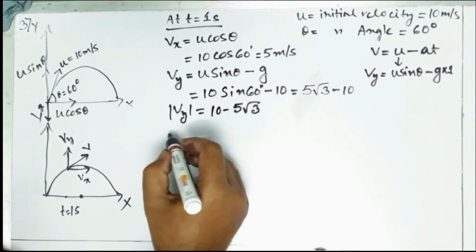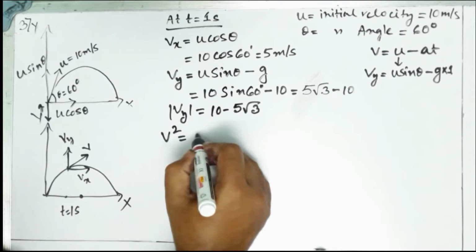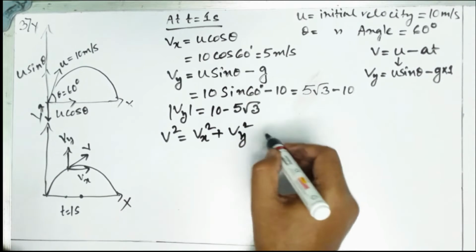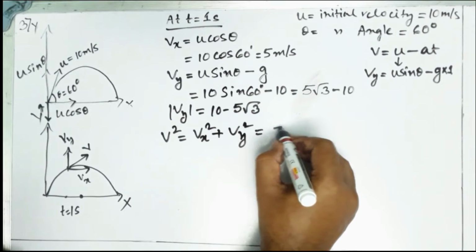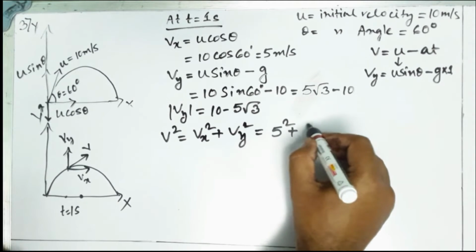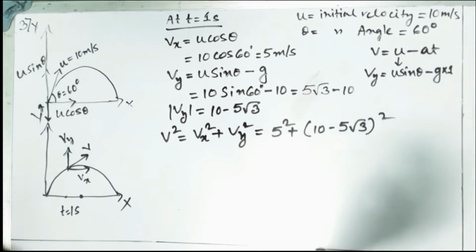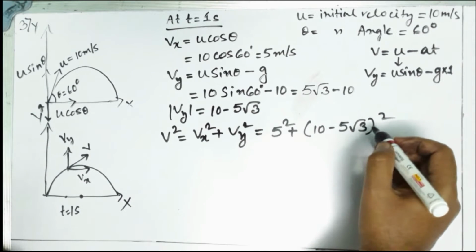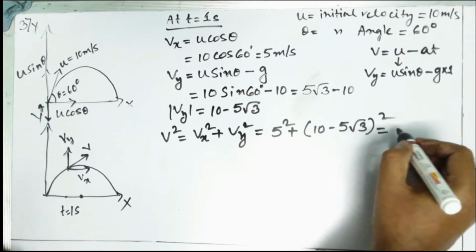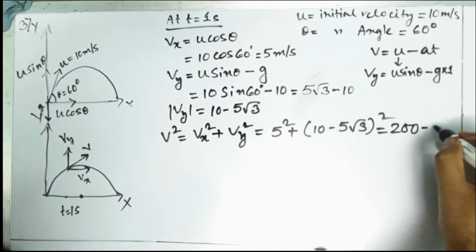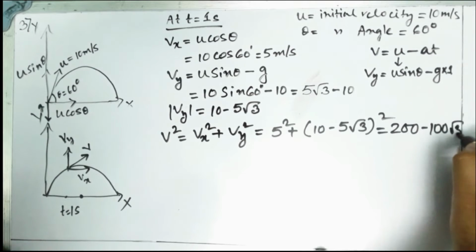So what is the value of V? V square is Vx square plus Vy square. Vx square is 5 square plus 10 minus 5 root 3 whole square, and after calculation this gives us 200 minus 100 root 3.